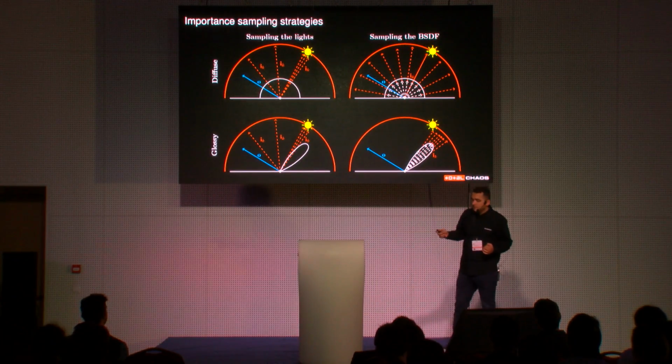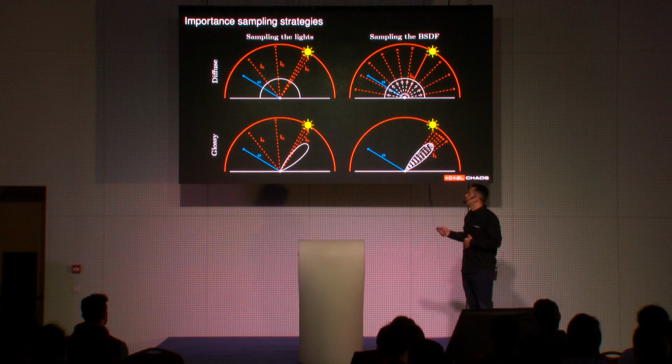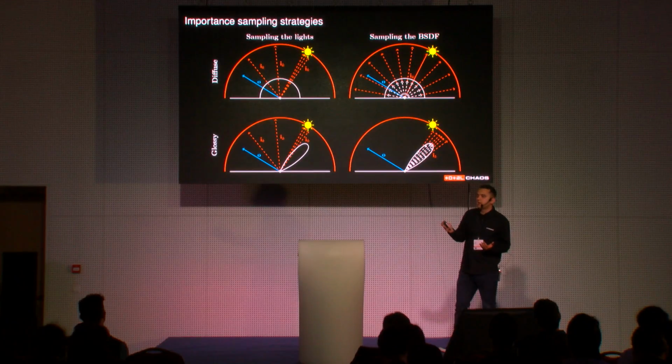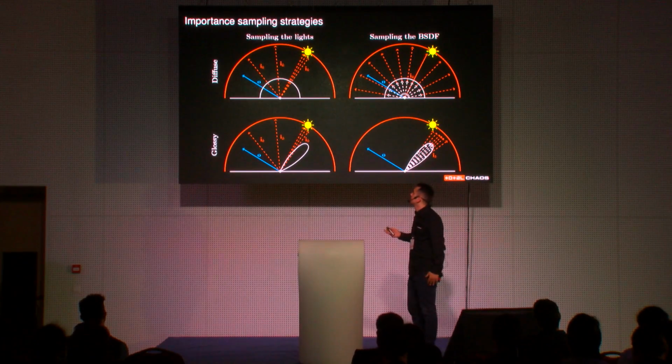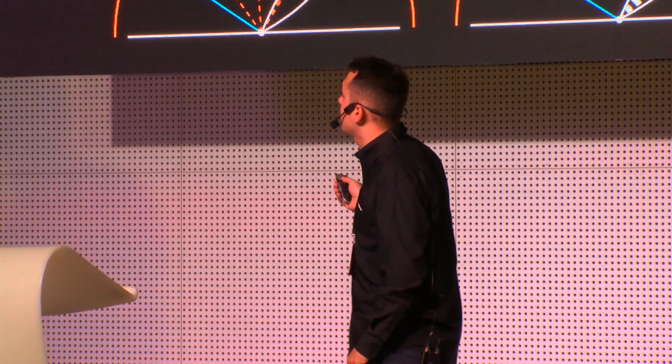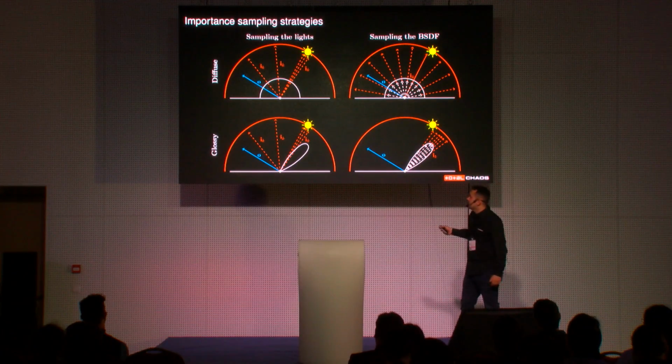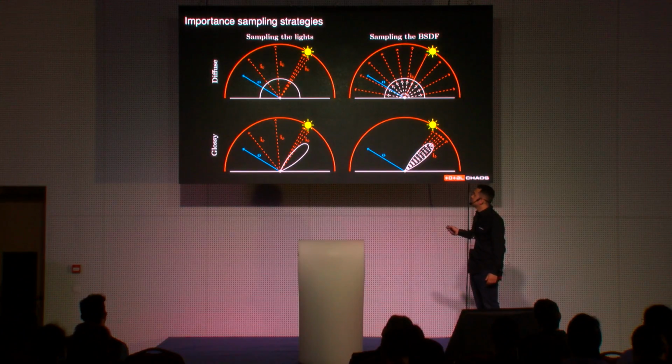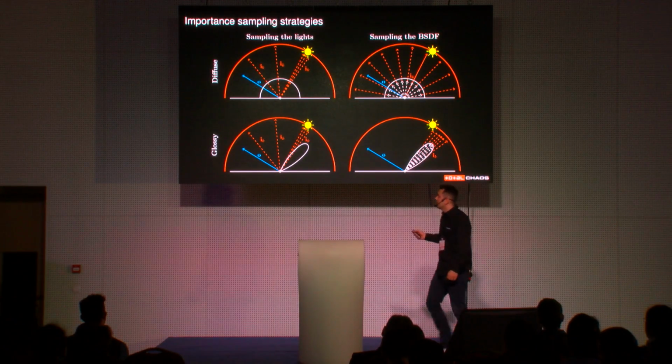So the best thing we can do in this regard is just to generate rays proportional to the environment map. You can see here that we have a lot of rays that point to the sun because it has the highest intensity.